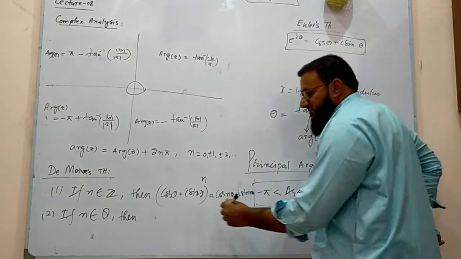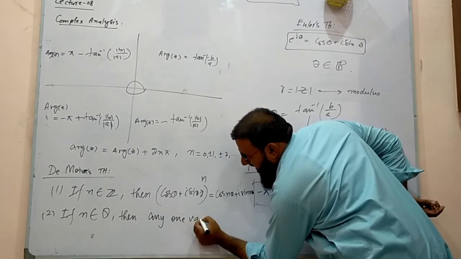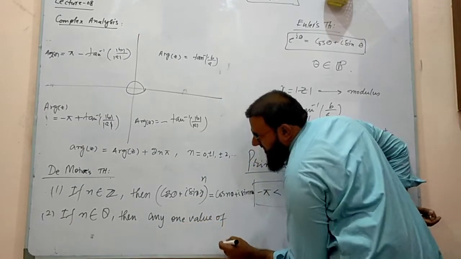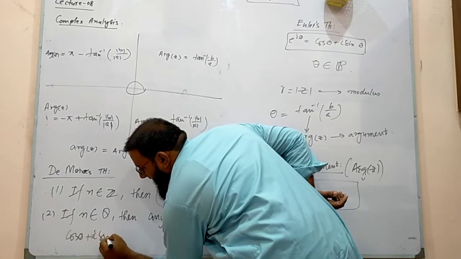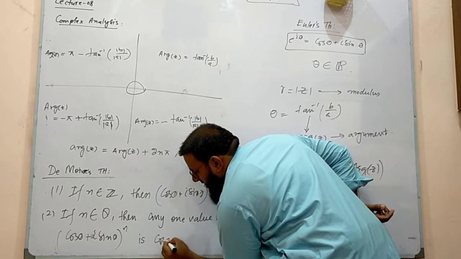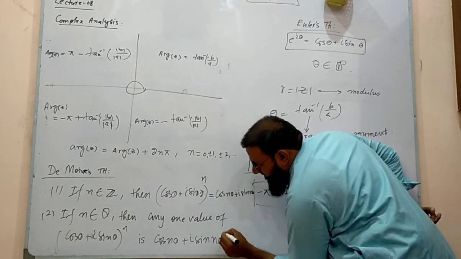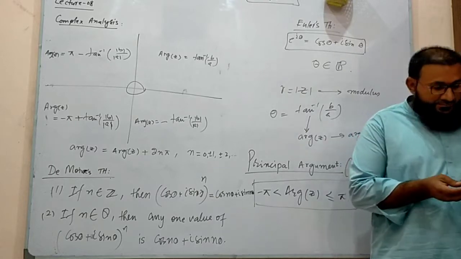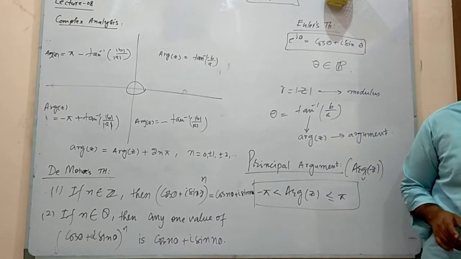Okay, then any one value of (cos theta plus i sin theta) whole power n is going to be cos n theta plus i sin n theta. Are you getting this?